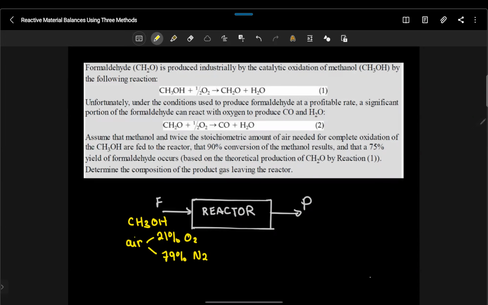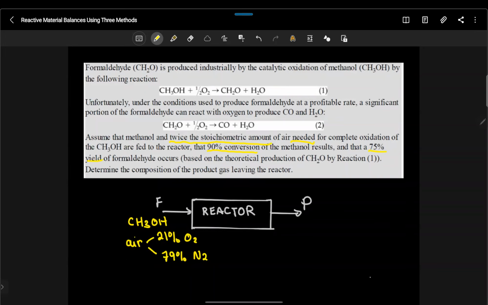So, twice the stoichiometric amount needed. Ibig sabihin, kung gaano kadami yung kailangan ng air sa reaction, doble nun ang ipapasok natin sa reactor. Okay? Ano pa? Sabi rin dito, 90% conversion and 75% yield.